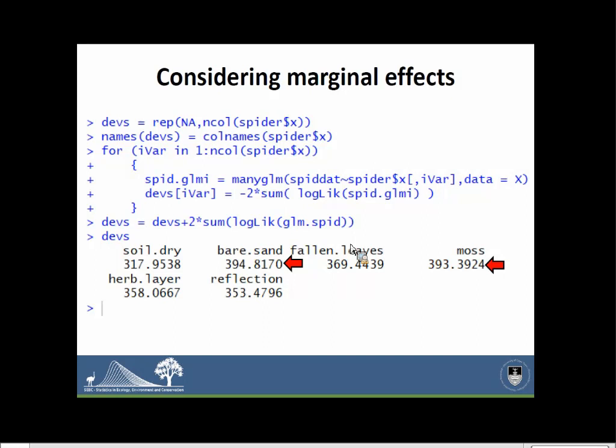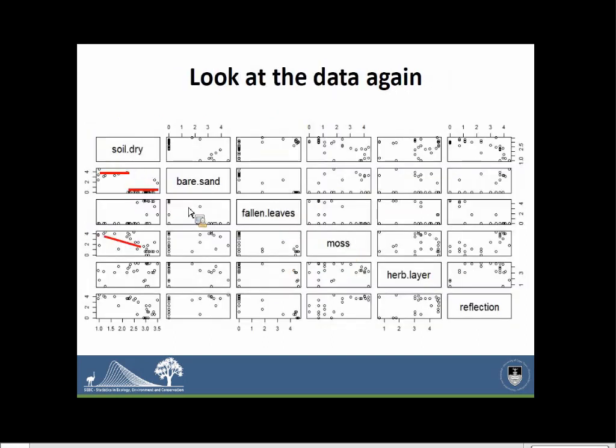And when we look at the data, you can see that in terms of soil dryness and bare sand, there is actually a relationship. It's not a linear relationship, but there's a threshold beyond which you have bare sand and you don't. And moss also seems to have quite a strong relationship with soil dryness, so maybe that's masking it, essentially. So it's always good to interrogate the data after you've had a look at the results.